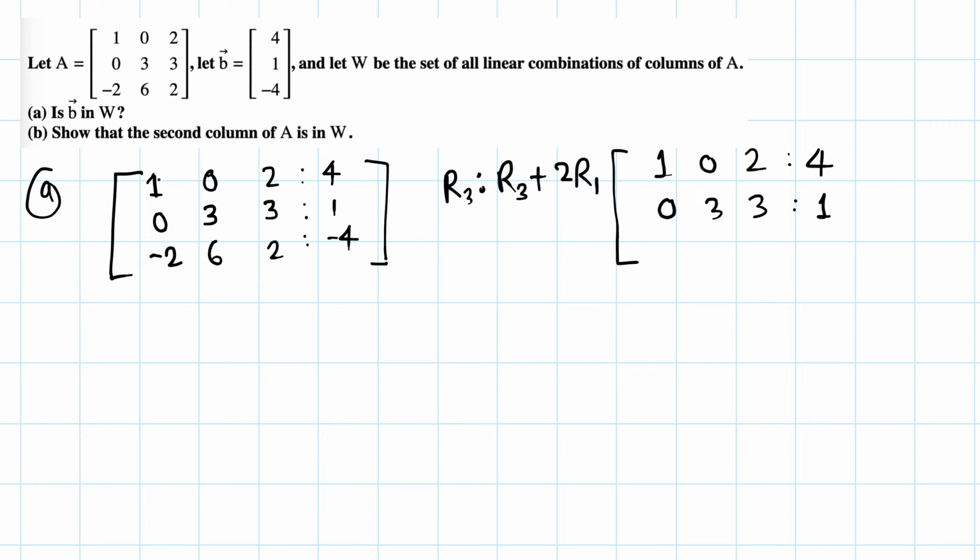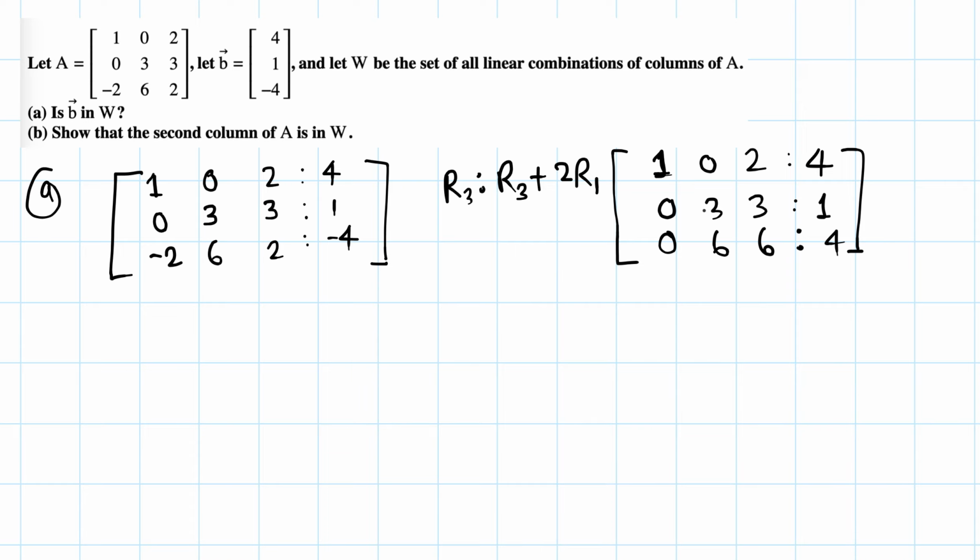Because 2 times 1 is 2, and negative 2 plus 2 is 0, 6 plus 0 is 6, 2 plus 2 times 2, which is 4, is 6, negative 4 plus 2 times 4, which is 8, is 4. So we have a pivot in the first column, 1, 0, 0.